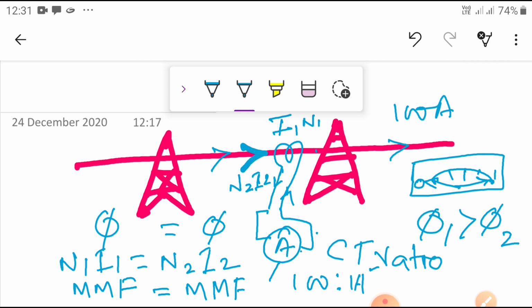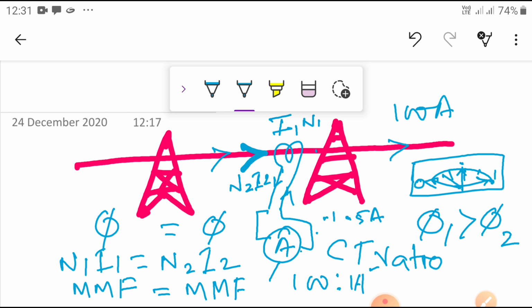Suppose the current in this case is 0.5 amperes. That means the pointer indicates the middle of the calibrated scale. If the current is 0.1, it indicates this value.